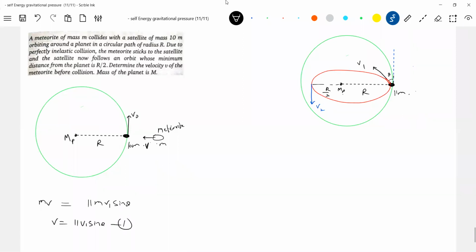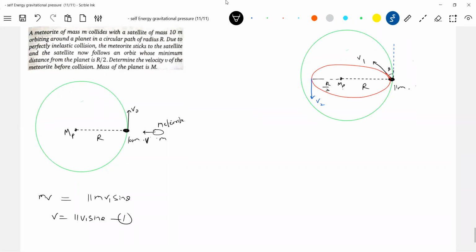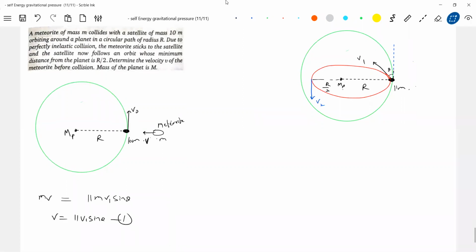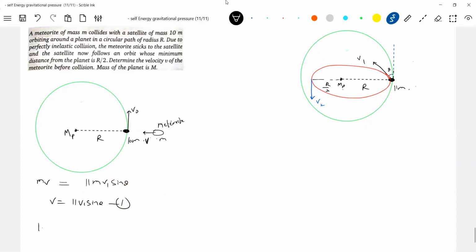Along the y-axis, initial momentum of satellite is 10m v0, and final momentum is 11m v1 cos theta. Cancelling m, 10 v0 equals 11 v1 cos theta. These are the equations we have, call them equations 1 and 2.